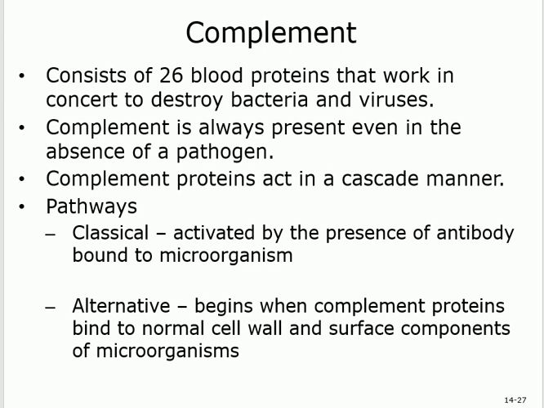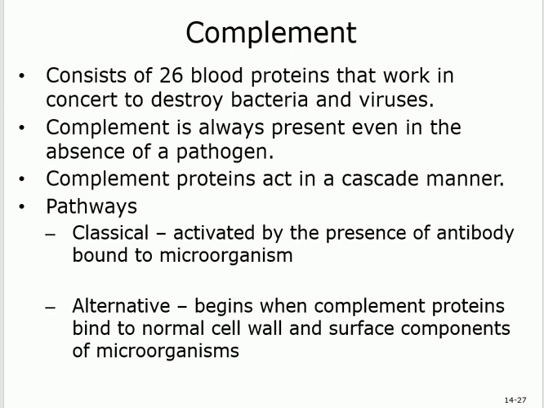Next one is complement. Just to tell you where the name came from, complement is a system of proteins as well, like the interferon protein. Are we following? Yes, interferon is a small protein. Complement is also protein. So both interferon and complement are proteins, different types of proteins.